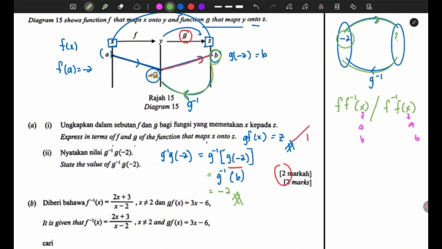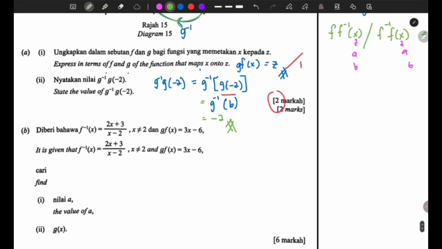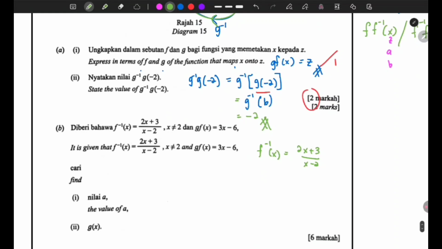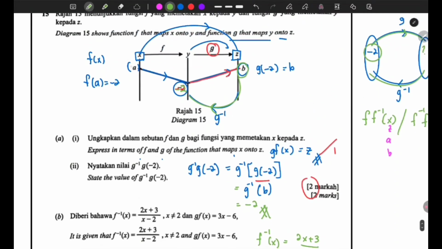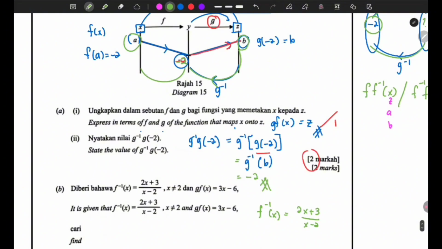Now b. They say given f inverse x is 2x plus 3 over x minus 2, and g(x) is 3x minus 6. Find the value of a. Where is the a? Here, which is at the x part, and they gave us the inverse function, which is this.